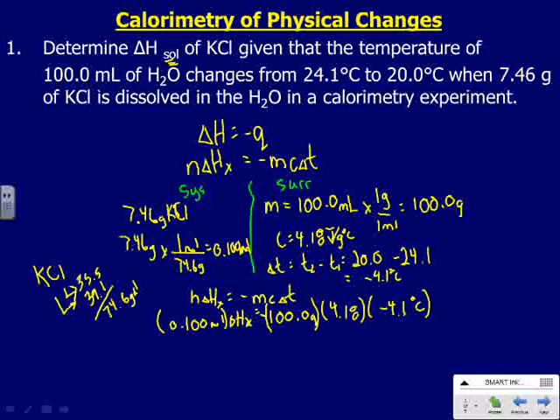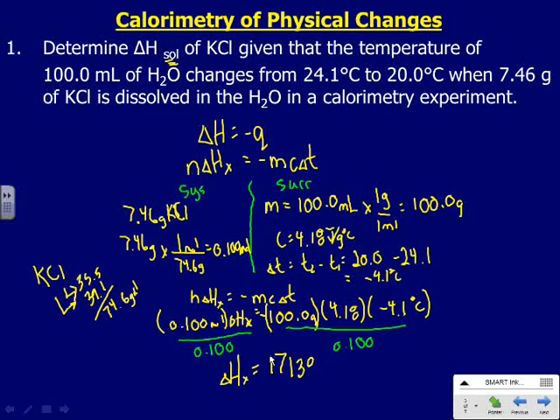Dividing off, right? So now if I divide off my 0.100 and divide off my 0.100, I'm going to end up with a delta HX, a molar enthalpy, and when I run that through my calculator, I get 17138 joules per mole.